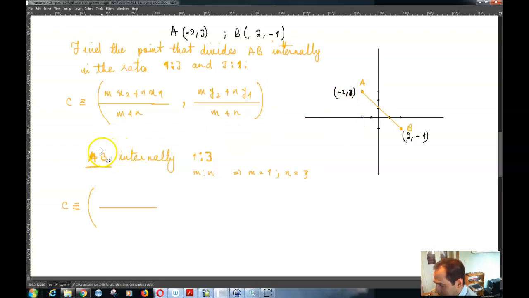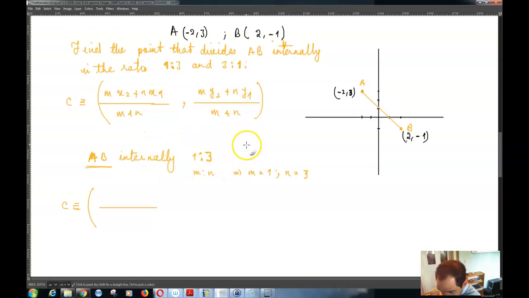Since I'm considering my line segment as AB, I can take this as point 1 and this as point 2, meaning that these coordinates can become x1, y1 and x2, y2 over here.